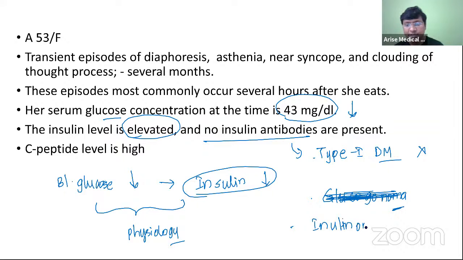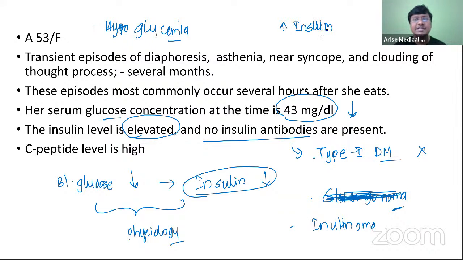So in insulinoma, in spite of hypoglycemia, these individuals will have very high insulin levels, because it's a tumor of the beta cells which will be producing excess amount of insulin. So whatever might be the glucose, it will be continuously producing the insulin.